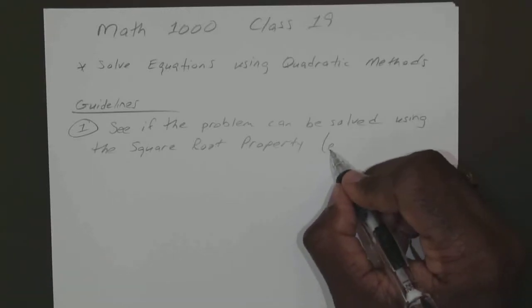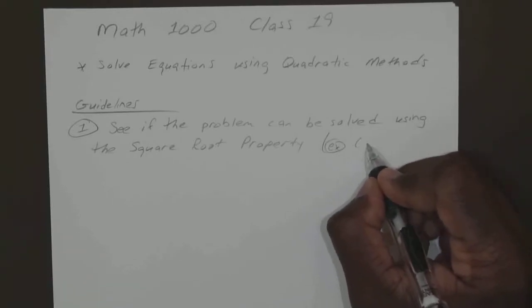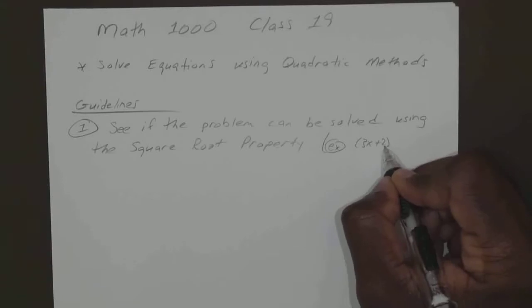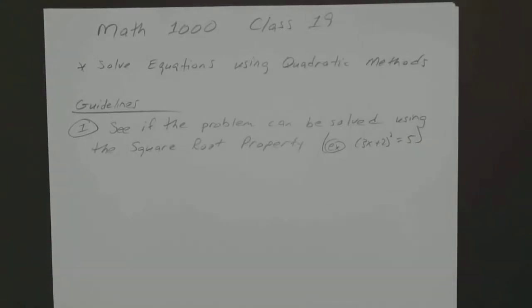Okay, and that's, for example, if you have one that's, let's say 3x plus 2 squared equals 5 or something like that, where you can just square root both sides.